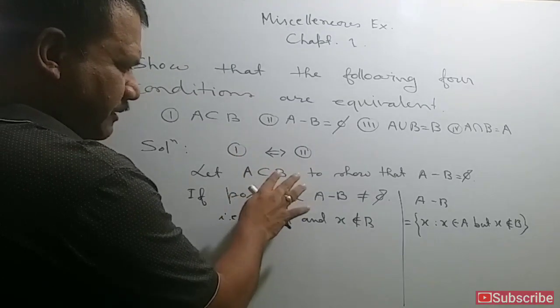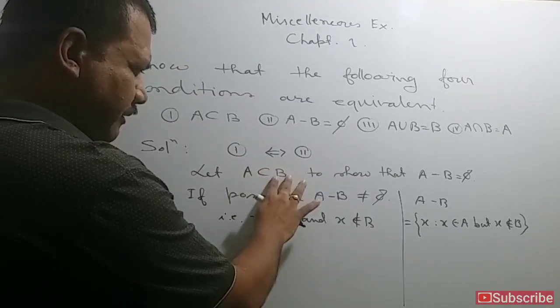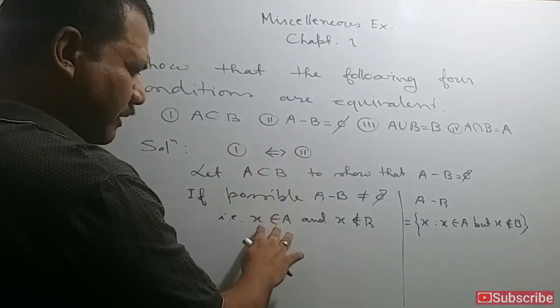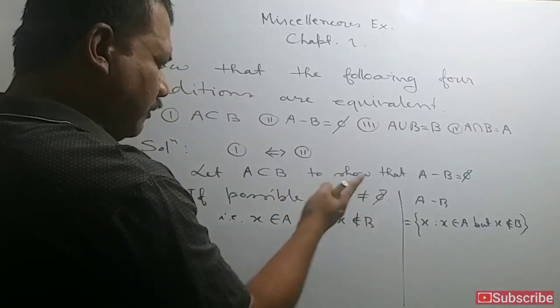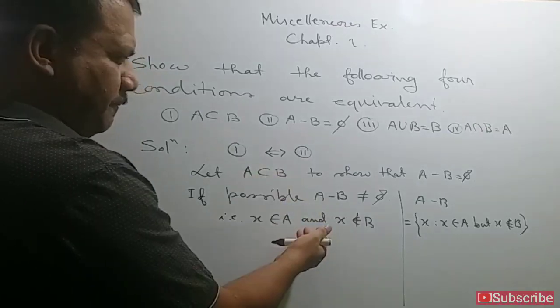Here A subset of B means all elements of A are in B, but what are you having here now? Some elements are there in A which are not in B. That means A is not a subset of B. What is contradicting our assumption?